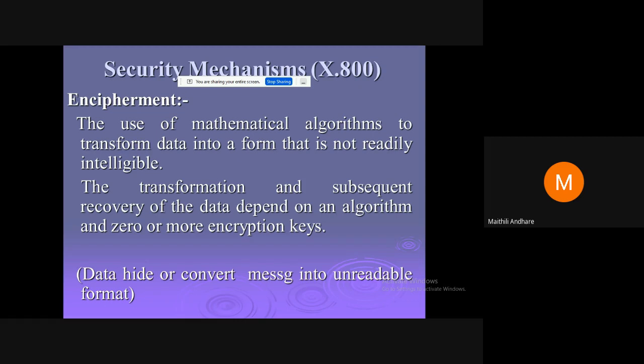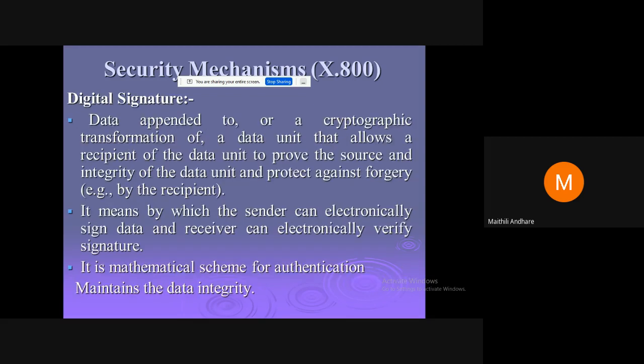Okay, so how it is achieved, that is written here. There are different mathematical algorithms to transform data into a not readable format, and that we'll see. And these algorithms are called the encryption and decryption algorithm. In general, the data is hidden or converted into the unreadable format. That is the basic thing in the encipherment.